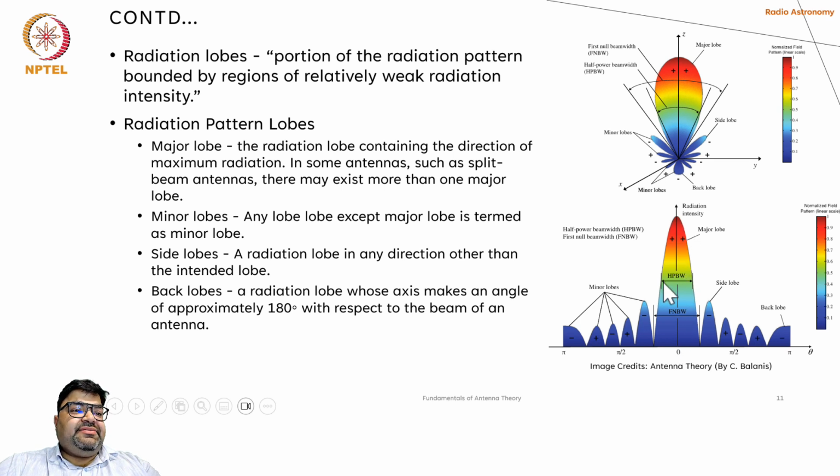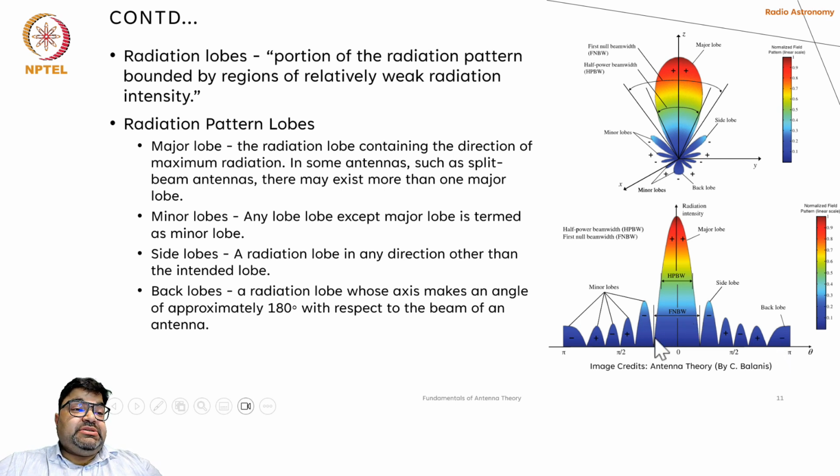Apart from that, there are a few other components like the half power beam width, the position on each side of the main lobe where the power comes to half of the maximum power radiated, and the angular distance between both of them is equal to the half power beam width. When the power goes down to 0 completely, it's called a null. First null, because it goes to 0 multiple times. So this is the first null, then second, then third, then fourth, and so on.